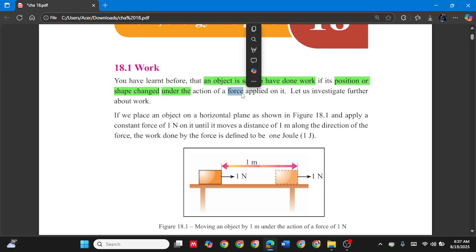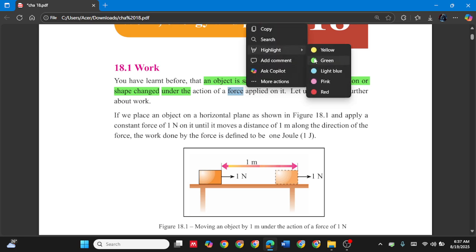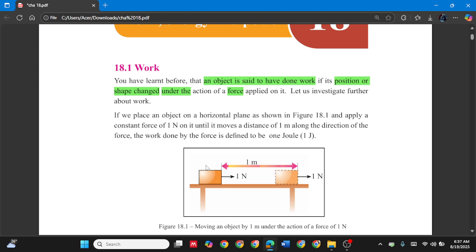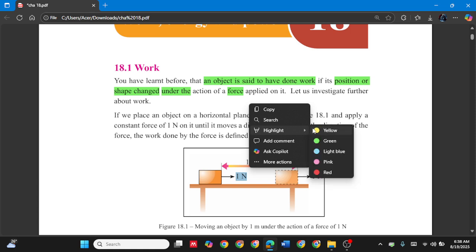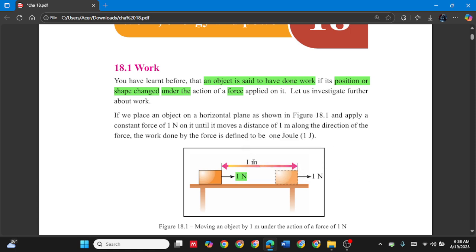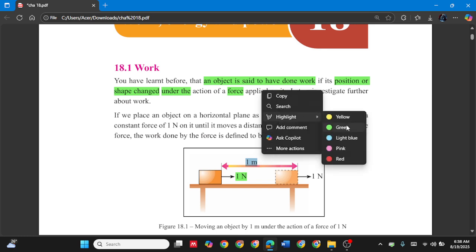See the image below, what has happened in there. The object was placed in this place and it has changed its position by 1 meter. Due to what? Under the force. What is the force? It's 1 Newton. Under the 1 Newton force, the position changed by 1 meter.